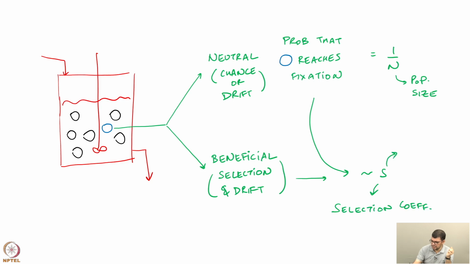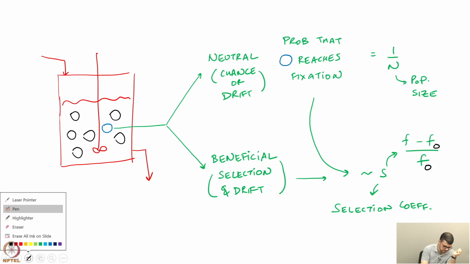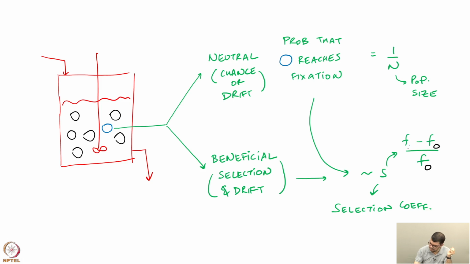And the precise definition of this was fitness minus fitness upon fitness. So the precise definition of selection coefficient can be represented like this: the selection coefficient associated with this particular mutant, in case it is a beneficial mutation, is simply equal to the fitness of the blue individual minus the fitness of the ancestral population.